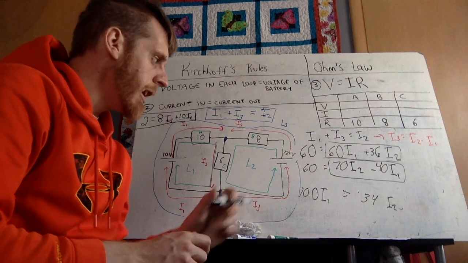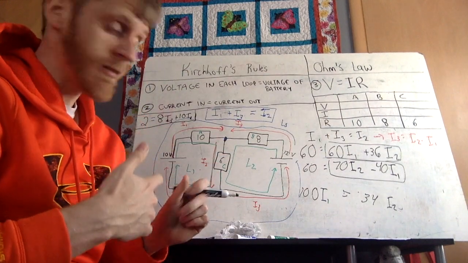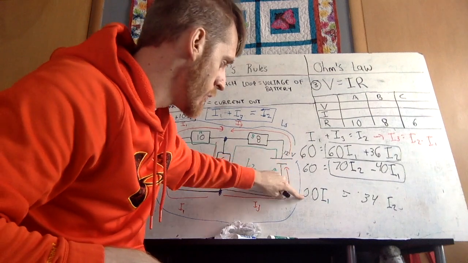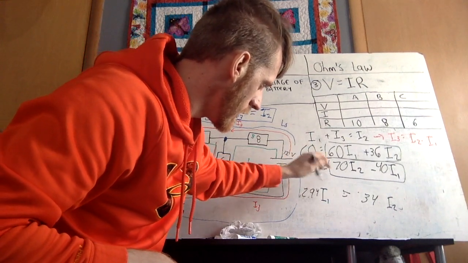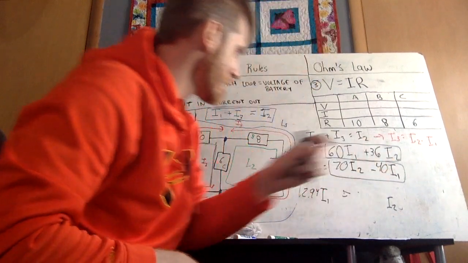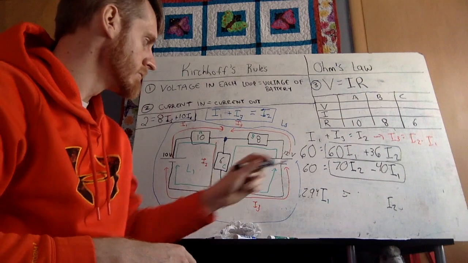So then we have 100 I1 equals 34 I2. I could divide both sides by 34 and get 2.94. So 2.94 I1 equals I2.